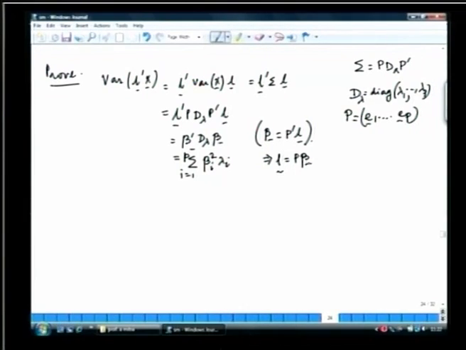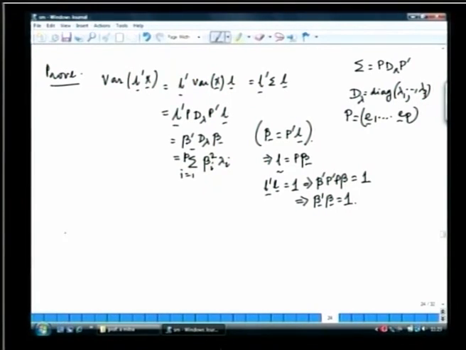And this relationship gives me a very important thing: L transpose L equal to 1 implies beta transpose P transpose P beta is equal to 1, and that implies beta transpose beta is also equal to 1. So, L transpose L equal to 1 is equivalent to saying beta transpose beta is equal to 1.